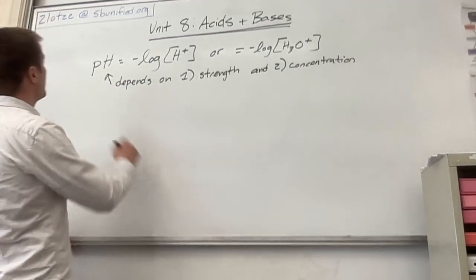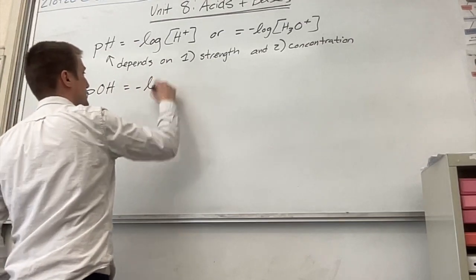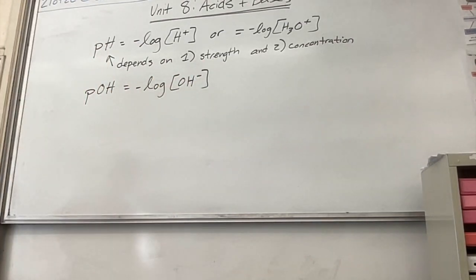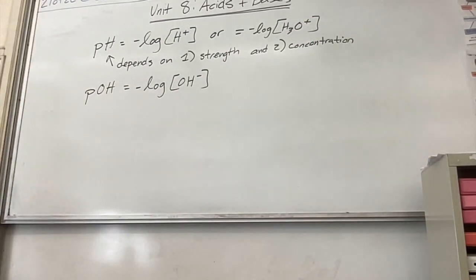And likewise, pOH is the negative log of the concentration of OH minus, hydroxide. In general, in this unit, the lowercase p means take the negative log base 10 of whatever the p is in front of.